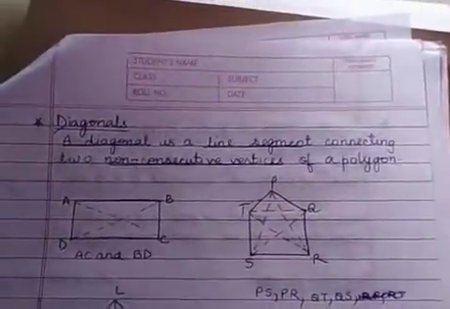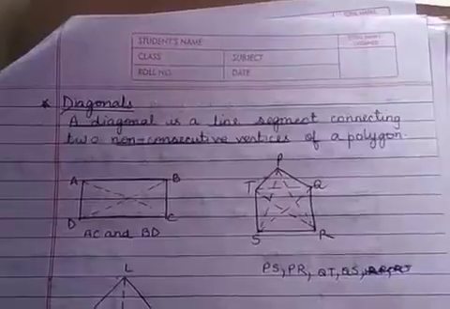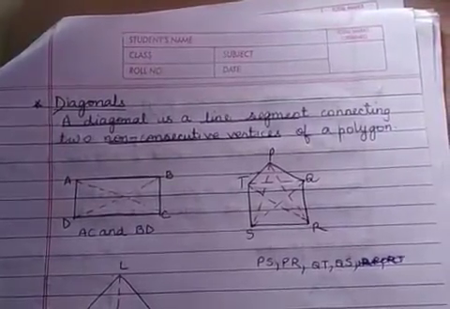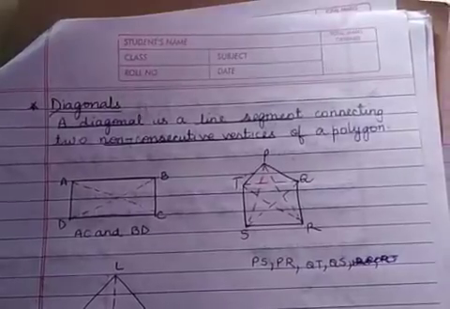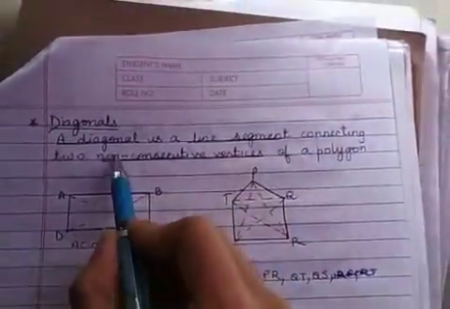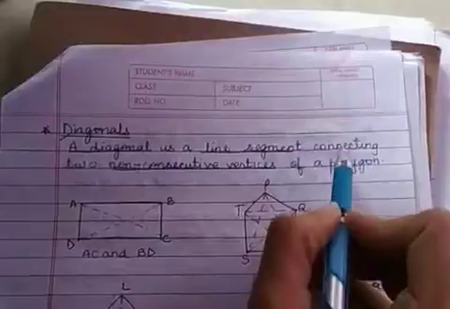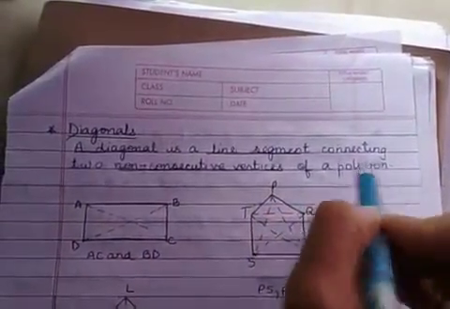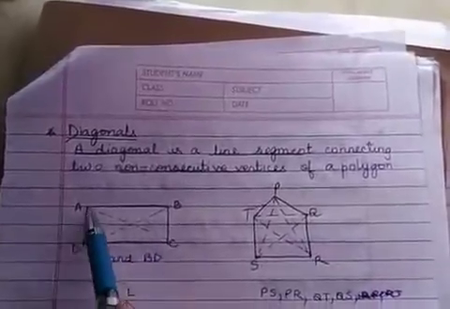Now the next subtopic is diagonals of a polygon. You must have already come across diagonals in your lower classes. A diagonal is a line segment which connects two non-consecutive vertices of a polygon. Now you know what consecutive means, right?